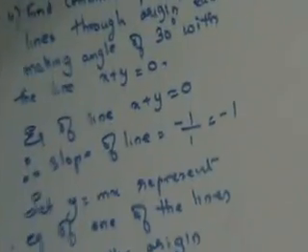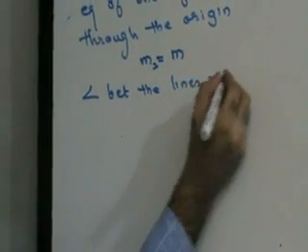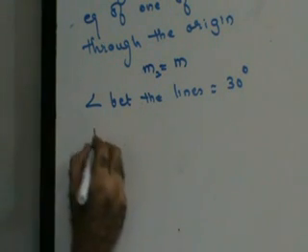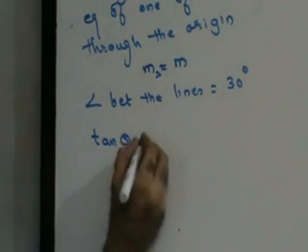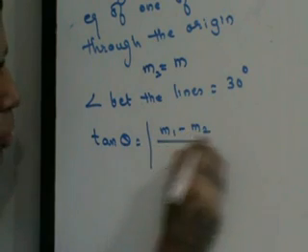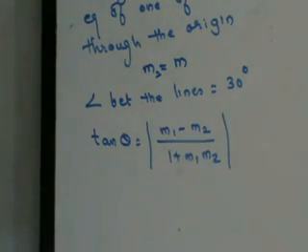Now they give you that the angle between the lines is 30 degree. In 11th standard, you have learnt the formula for angle between lines. Angle between lines is given by the formula tan theta is modulus of m1 minus m2 upon 1 plus m1 m2. In 11th standard straight lines, you have learned this formula.